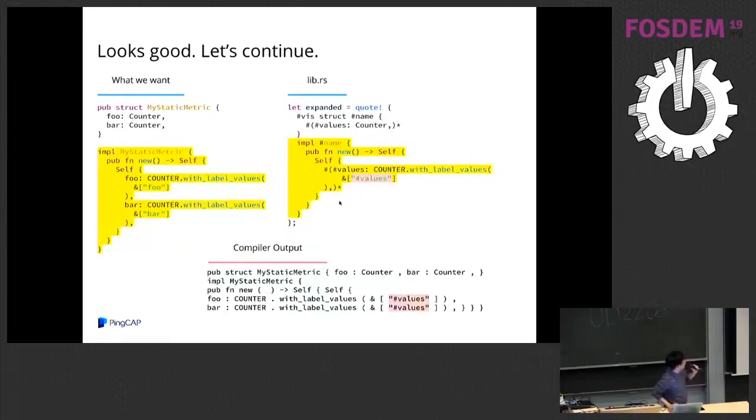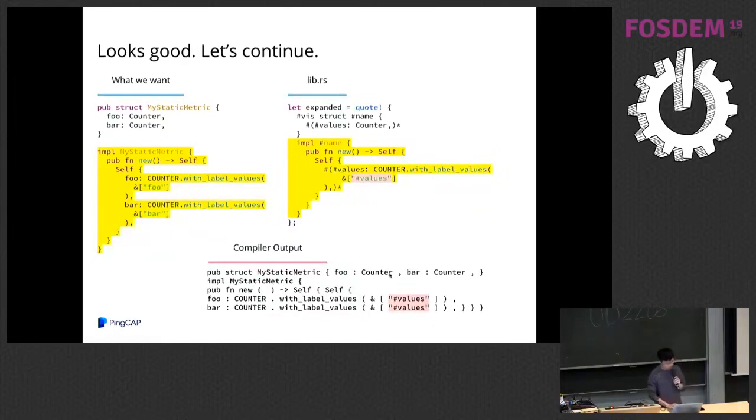And inside the list, there is a double quote, sharp values, and double quote. And let's see what will happen. So in the compiler output, you will find something you did not expect. You'll find that with label values, its parameter is a string. So you are actually providing this string, right? And it's just to produce the string for you.